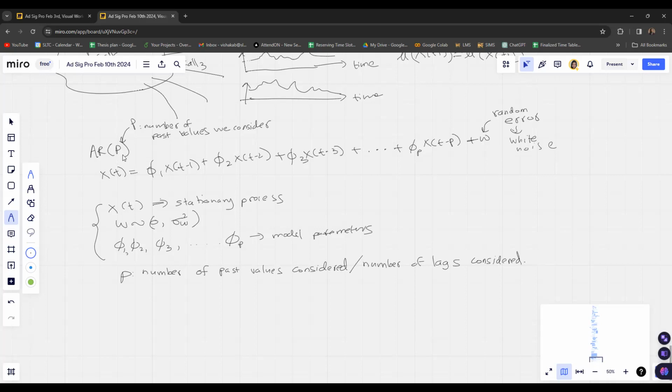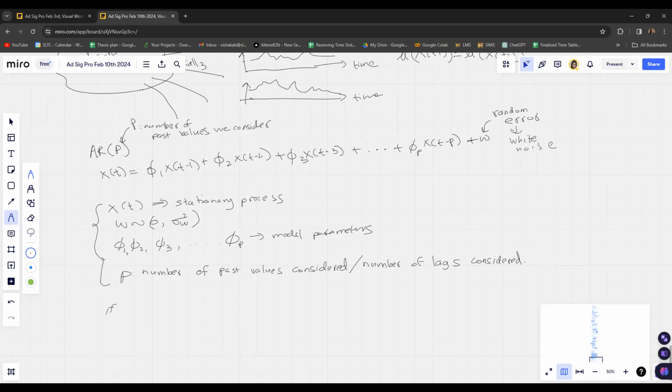That is regarding the definition of the AR model. Then we can estimate the values of phi 1, phi 2, phi 3 up to phi p, and then we can find any characteristics related to the random process xt.